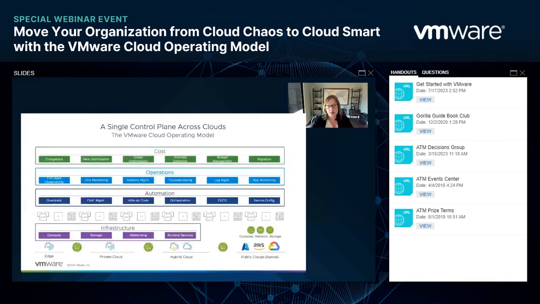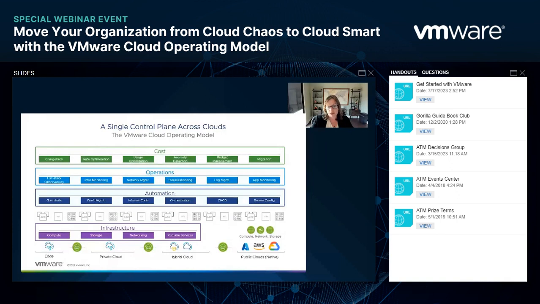So now we're talking about a single control plane. This is essentially what we're talking about across clouds. And when we look at the capabilities that customers need to really have that single control plane, what makes sense to be a capability that abstracts the complexity of the multi-cloud providers and brings in some level of consistency across those different environments, these are the things that we land on.